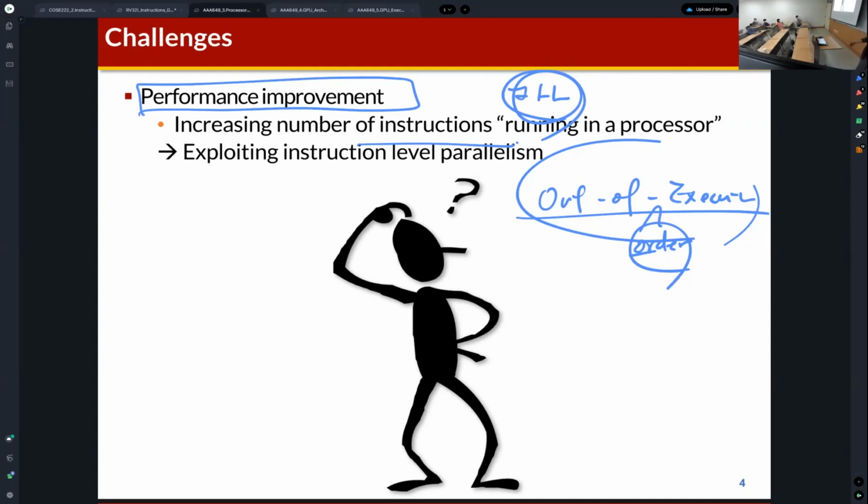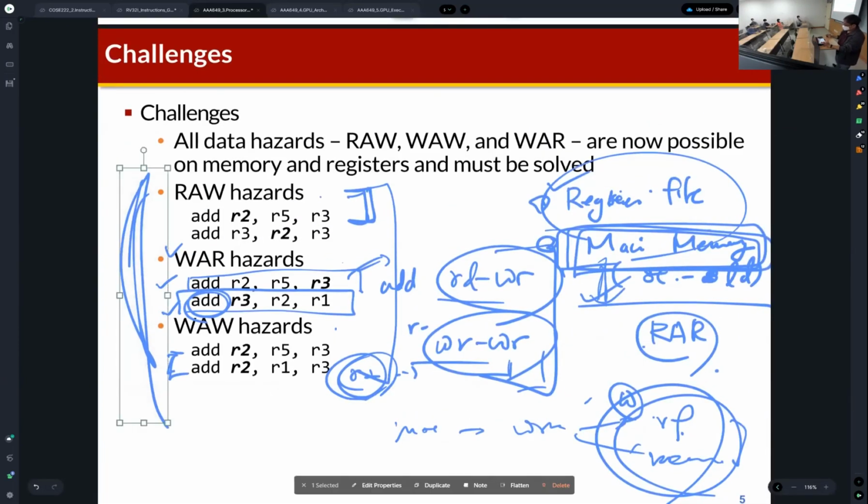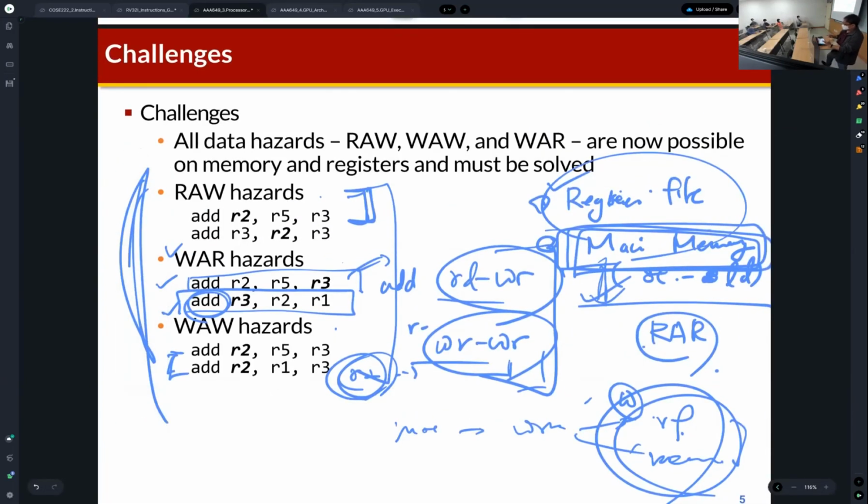It's called instruction level parallelism. The out-of-order processor architecture was developed for increasing the number of concurrent instructions. It's a very important idea in the computer architecture field.